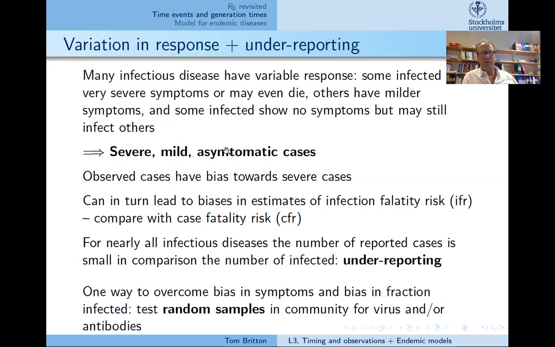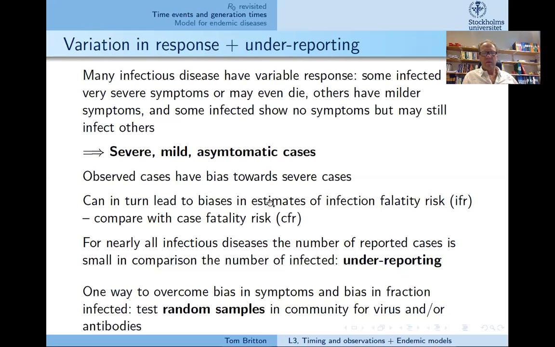You usually hardly ever observe the asymptomatic ones. Sometimes you do some sample surveys and you might find some of them, whereas the severe cases, you typically observe all of them. So this is important to keep in mind, that among the observed cases, there is higher severity than among cases in general.